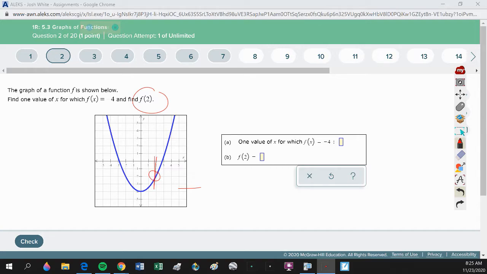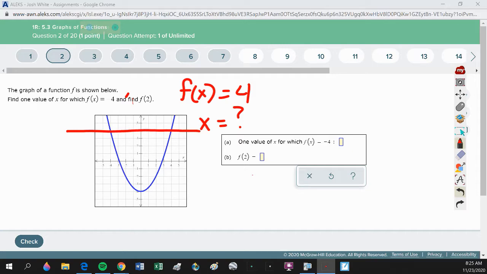Now, this can get a little bit tricky. What if I said f of x equals 4? What does x equal? When the y value is 4, what is the x value?